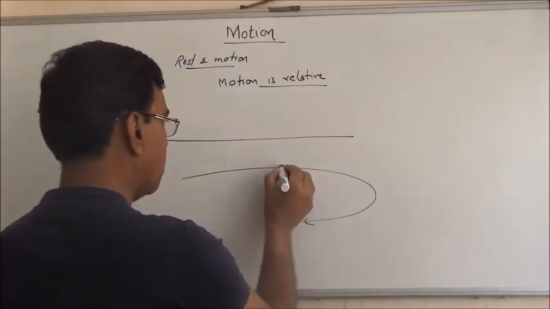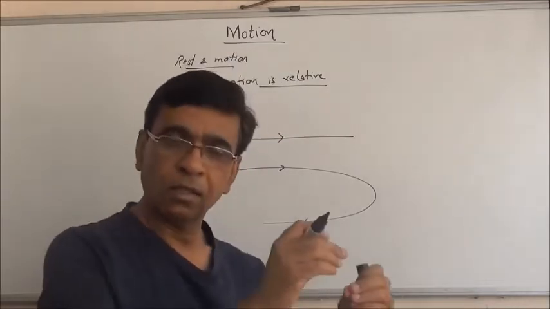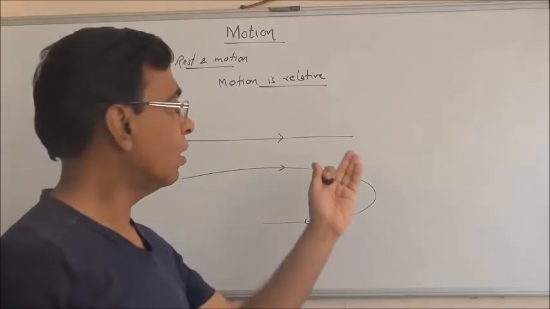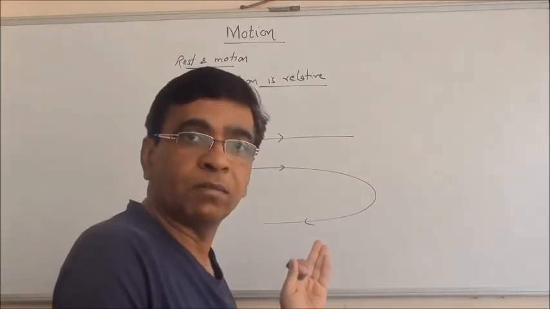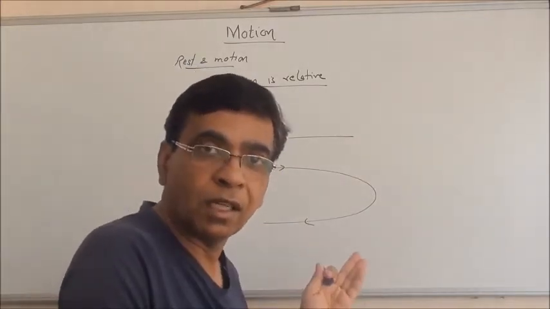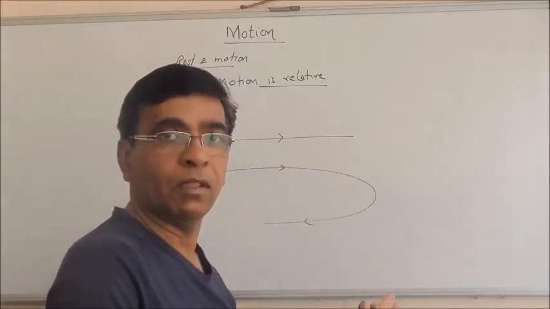Even this is translational motion. This is motion along a line, a straight line. This is rectilinear motion. Along a curve, not a straight line, this is curvilinear motion. So both are translational.